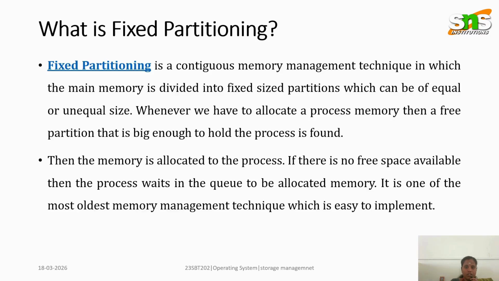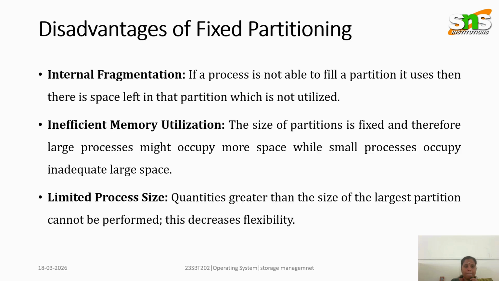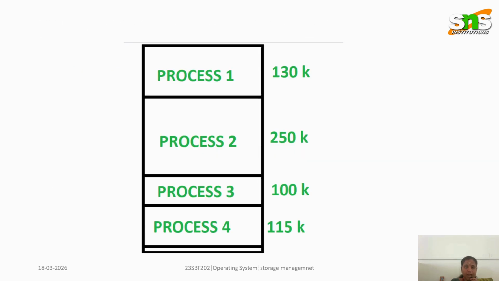Next one is fixed partitioning. It is the same as contiguous memory allocation. So here a lot of memory space will be wasted. Next one is variable partitioning. Here we can combine the memory space so that we can easily use it for the process.